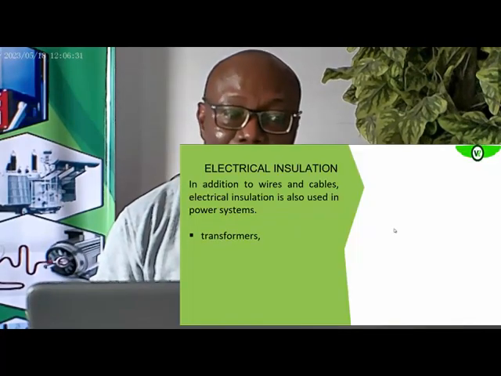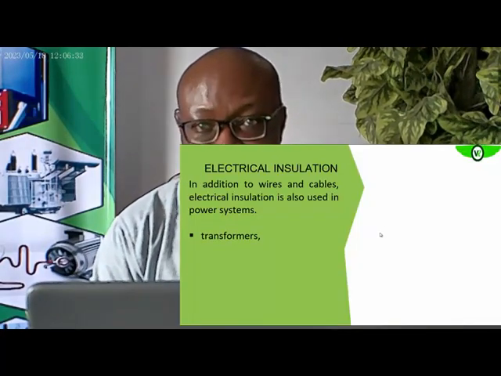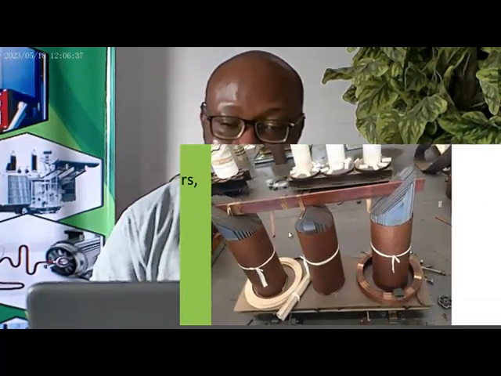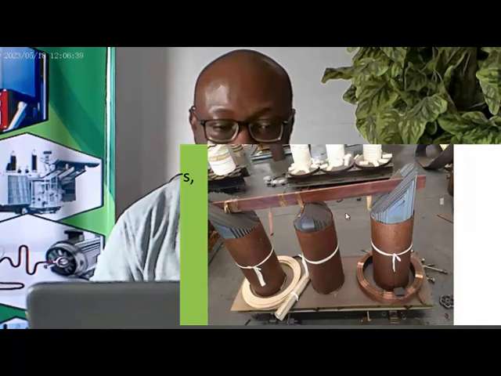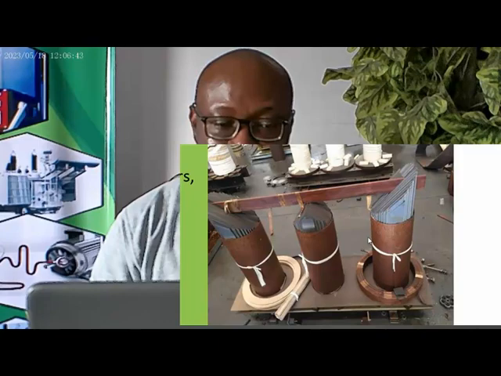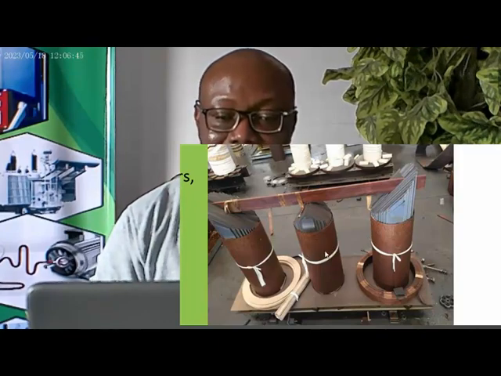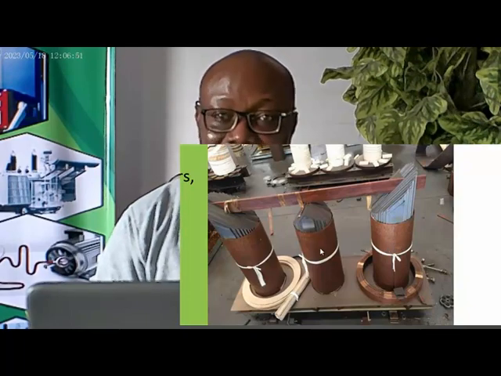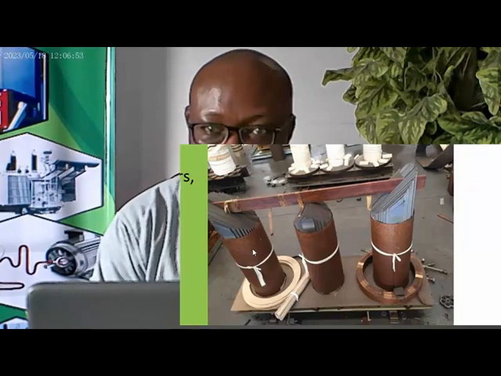So insulations, you can find them in transformers. Like we said earlier, as you see here, this is the transformer core. Are you getting it? This is the transformer core. And then you see that wrapping the transformer core is an insulation, a non-conducting material.